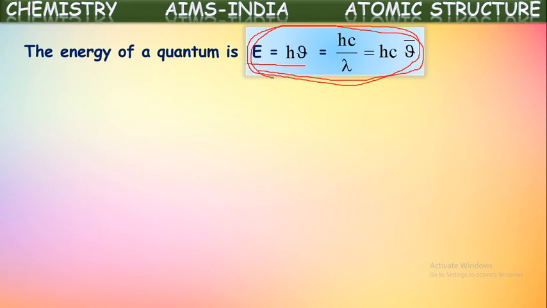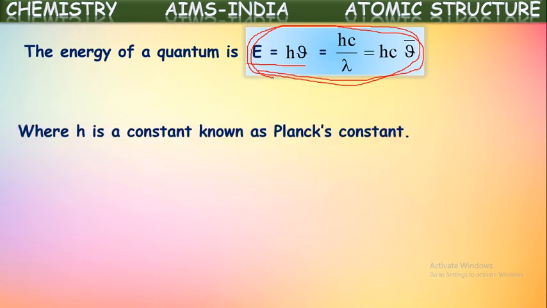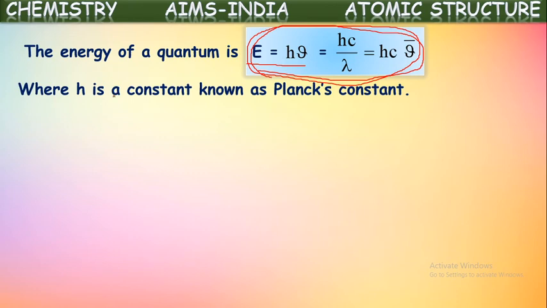E = h nu is the relation between energy and frequency. E = hc/lambda relates the wavelength and energy of the radiation. And one more relation, E = hc nu bar, where wave number and energy are related. In this, h is a constant known as Planck's constant.